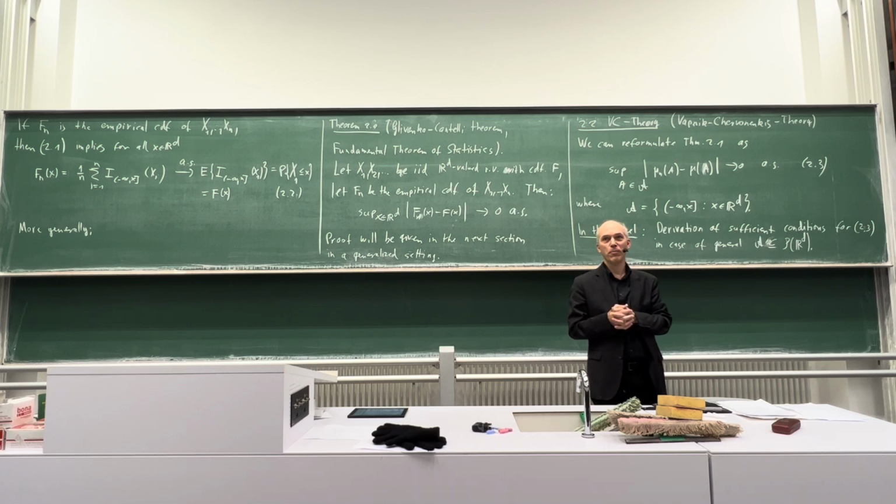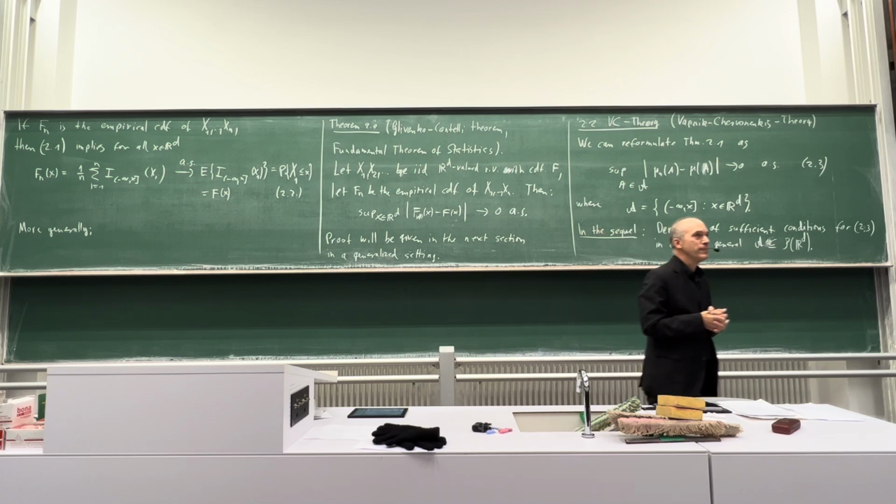But more generally, do you know any sets besides the empty set and the set R^d where mu_n of the set converges to mu of the set?